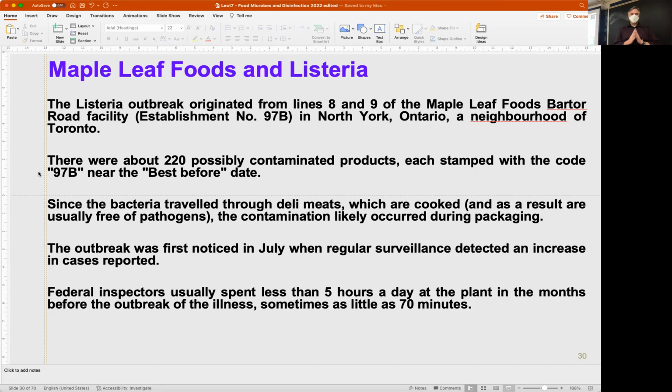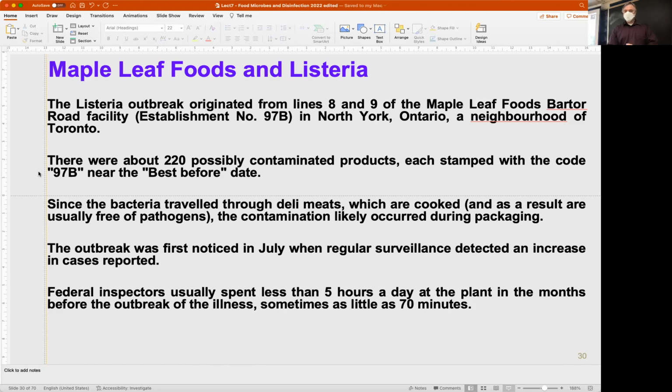Good to see you. The outbreak at Maple Leaf Foods occurred in July, and what happened was people in the community were reporting food infections, and it started getting more and more. They think that one of the problems was the federal inspectors didn't spend enough time at the food plants.